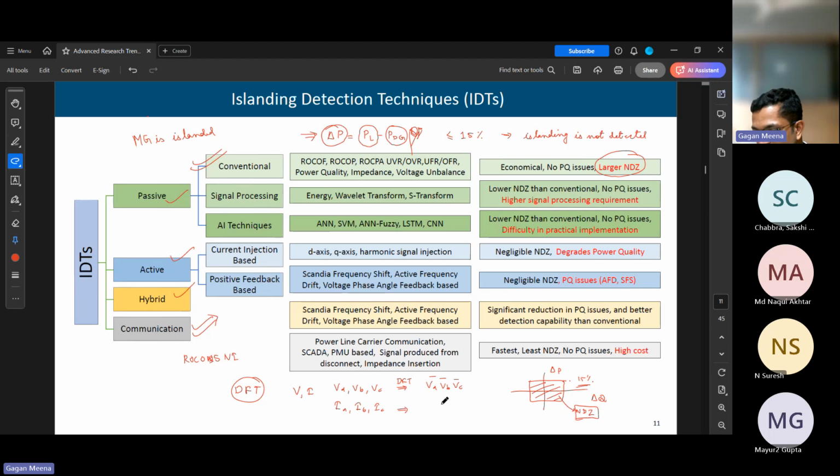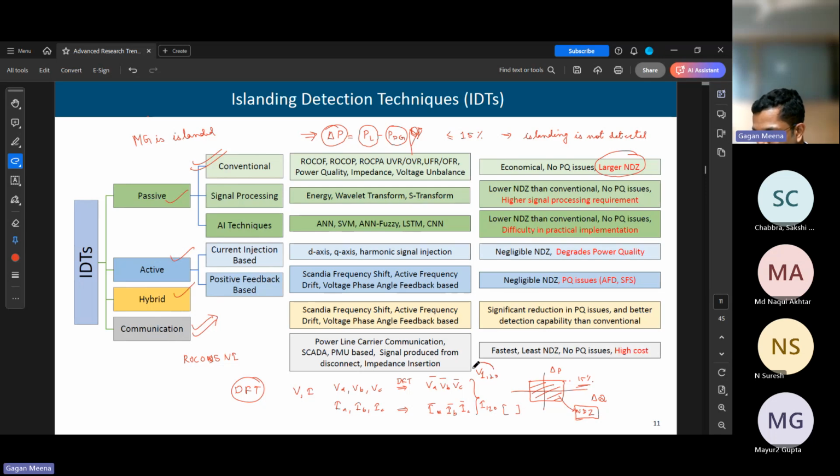From these phasors, which are phase quantities, we can calculate the sequence components, V120, I120. We know that the transformation matrix is there.